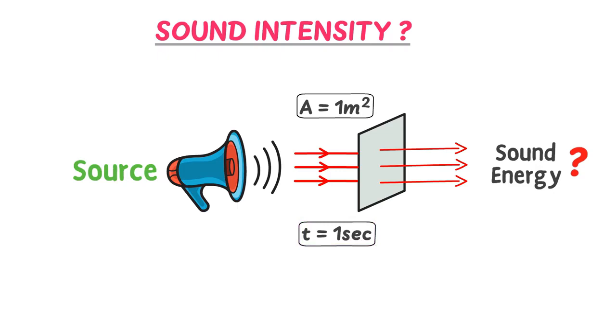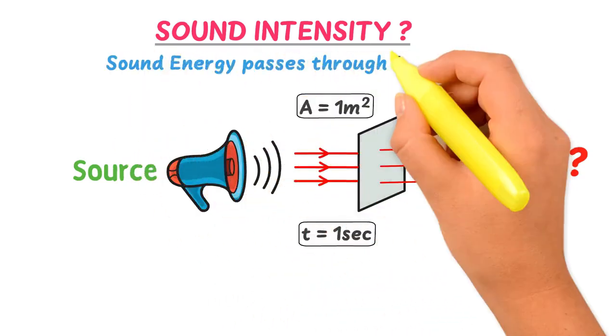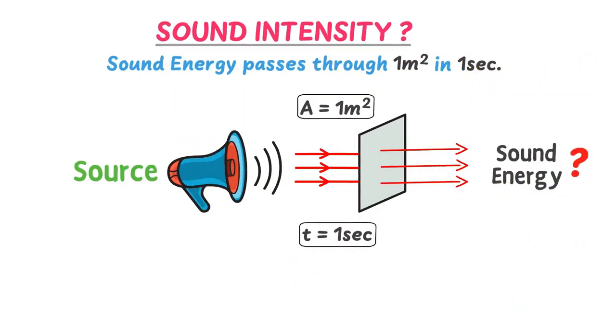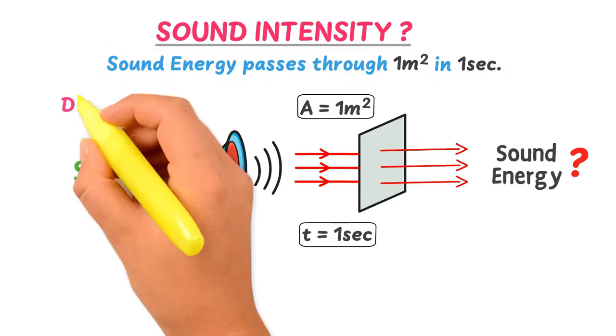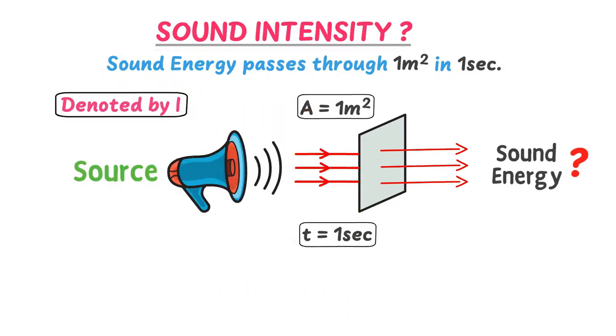Thus, we define sound intensity as the sound energy that passes through 1 meter squared area in 1 second. Sound intensity is denoted by I.